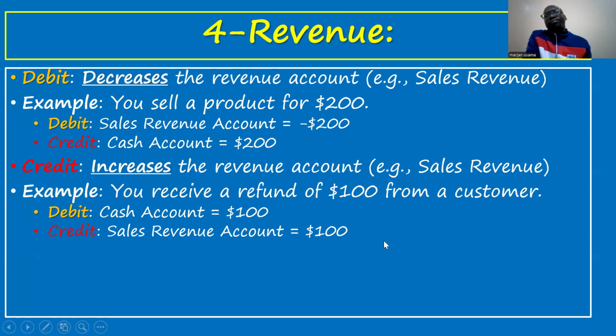Then the revenue. From the formula, when the revenue decreases, you debit, and when the revenue increases, you credit it. So when you sell a product for 200, you are selling merchandise. So the sales revenue account is minus 200. Why is it minus? Because you are selling. So you are selling, the product is going out.